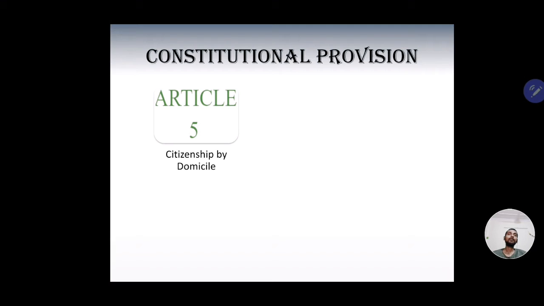So let's say if you have lived in India from 1930 to 1940 and then you went abroad, you will not be given Indian citizenship. But had you lived in India from 1945 to 1950, let's say 25th January 1945 to 25th January 1950, you would be a citizen of India.